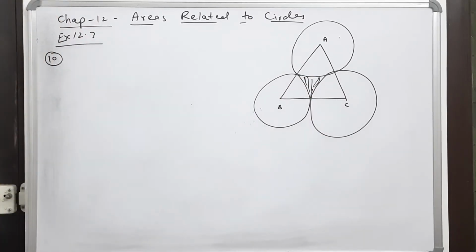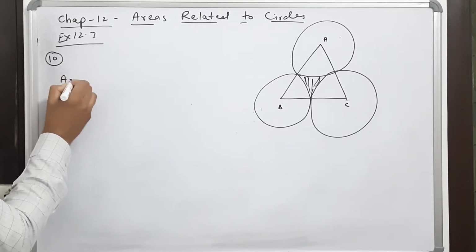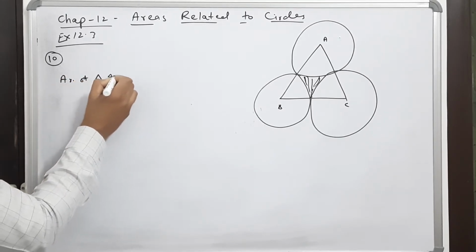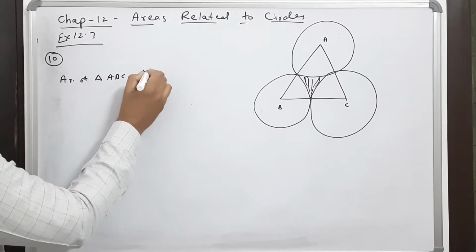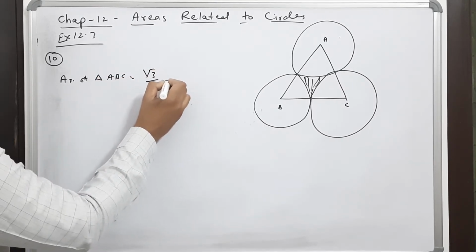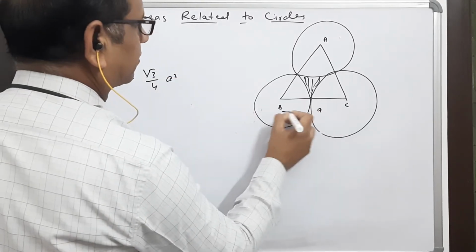If you see here, area of triangle ABC, because it is an equilateral triangle, so area will be root 3 upon 4 a square. A means this full length from here to here.